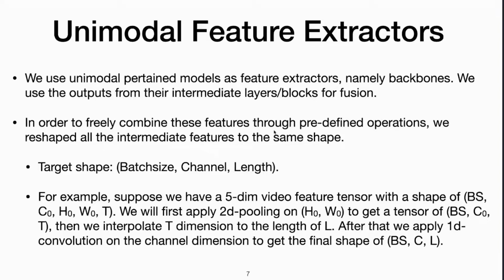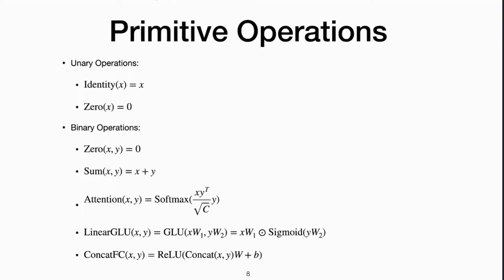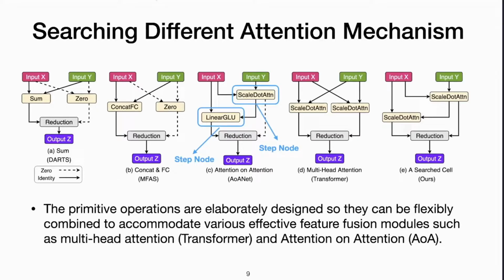In our BM-NAS framework, we have many elaborately designed primitive operations, especially the binary operations. The reason why we have this kind of binary operations is that we want to formulate a search space where these operations can be flexibly combined to accommodate various effective feature fusion models, such as multi-head attention or the attention on attention.